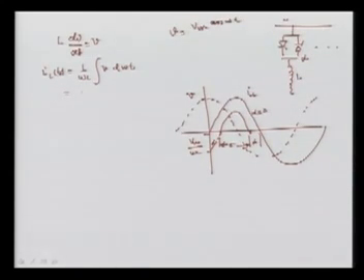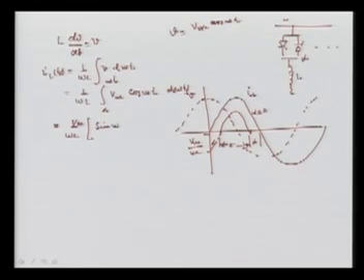So we can write 1 over omega L, integration from alpha to omega t, since we are firing at alpha, of Vm cos omega t d omega t, and finally Vm comes out, and we get Vm over omega L times sin omega t minus sin alpha. So this is the current that is flowing here.